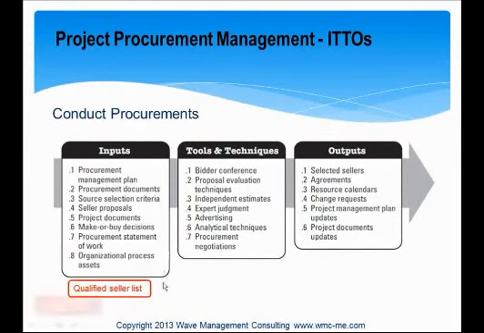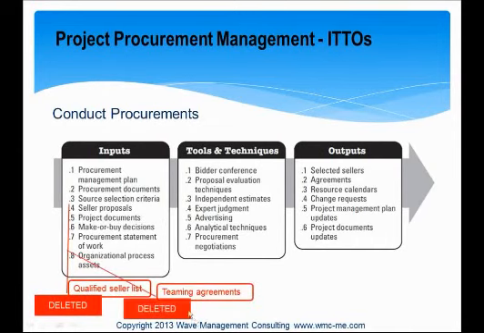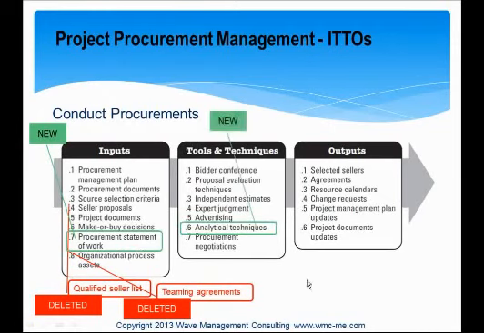Conduct procurements. They deleted the qualified seller list from the inputs, as well as they deleted teaming agreements. They introduced a new input, which is the procurement statement of work, SOW. In the tools and techniques, they replaced internet search with analytical techniques.